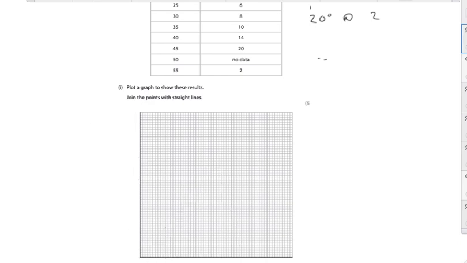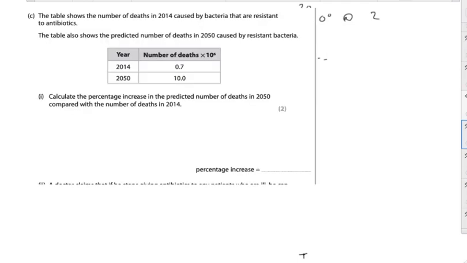Okay, let me get rid of all this. Find where that is. Where did that line go? There we go. So here we are with this one.